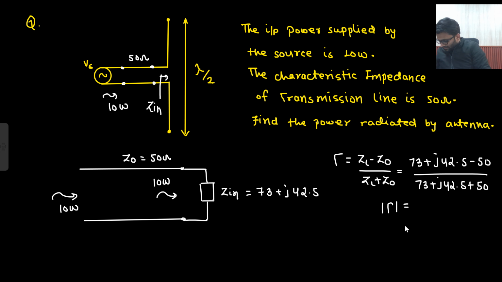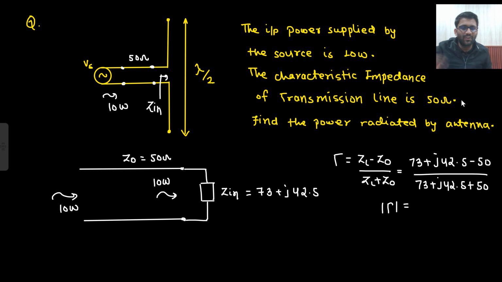I guess it was here only. Yeah, 73 plus j. This calculation we have already seen as well. So 0.27. I just need the magnitude. I don't need the angle. Okay, this was for 75. This was not for 50. So this calculation I need to do.